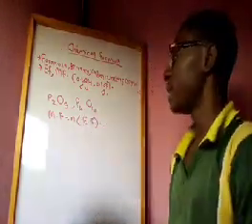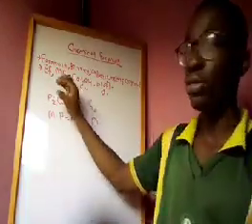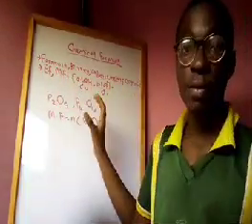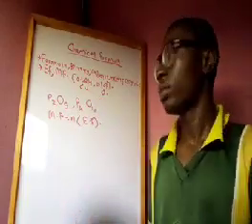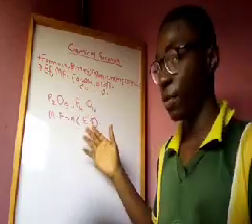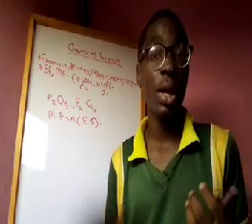So whenever you multiply your empirical formula by an integer, you get your molecular formula. In the case of P2O5 and P4O10, the molecular formula P4O10 is gotten from the empirical formula by multiplying by 2. So that was just an explanation of what empirical formula and molecular formula mean.